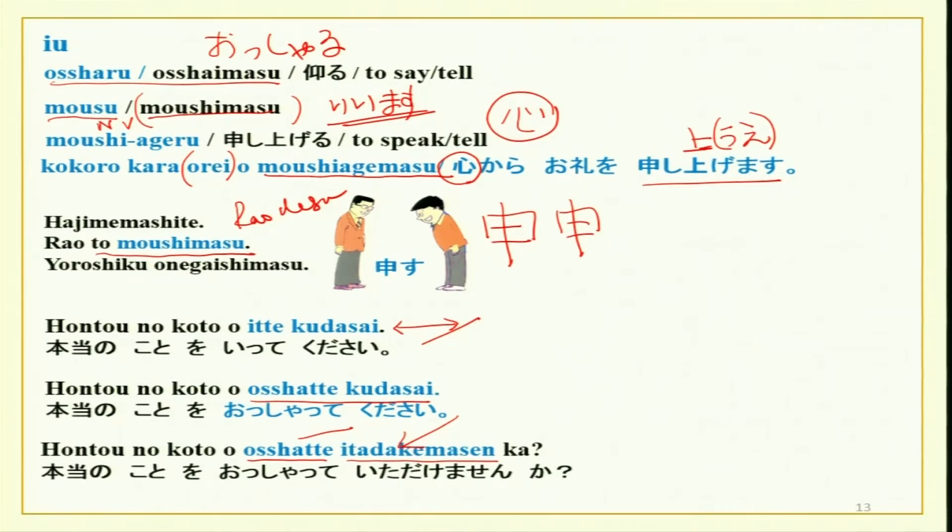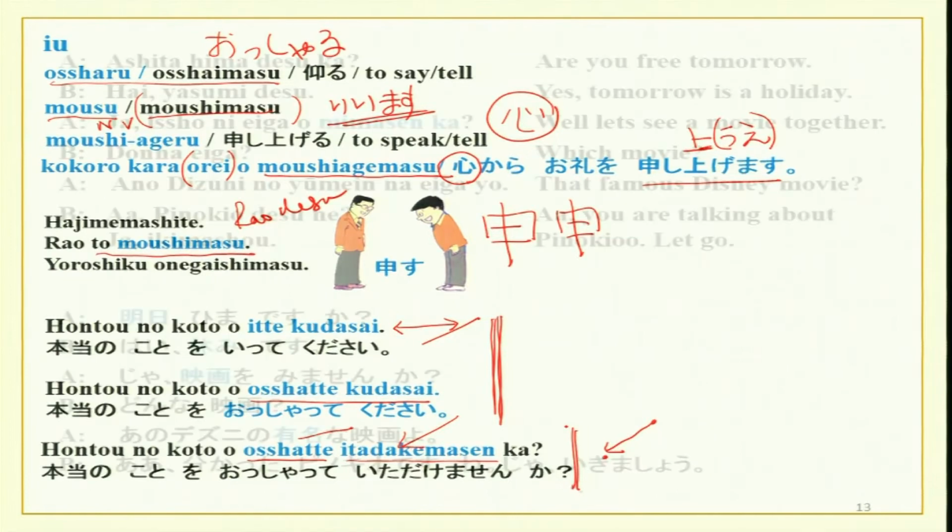Hontou no koto o osshatte itadakemasen ka? So, you place yourself somewhere here and somebody is going to tell you something and you will receive the favor. That is how you can see the degrees. There are many, many more, but for the time being, from the Japanese that we have done, we can figure out at least these 3.